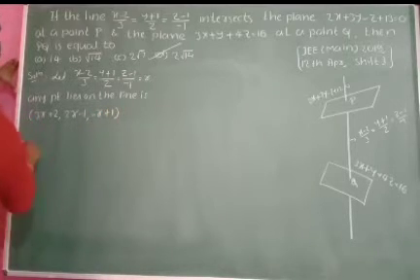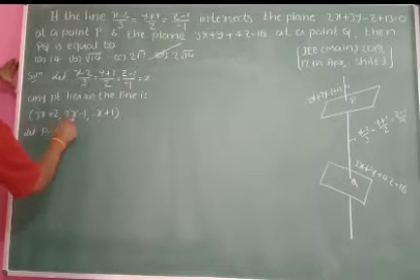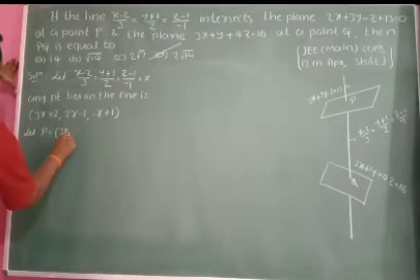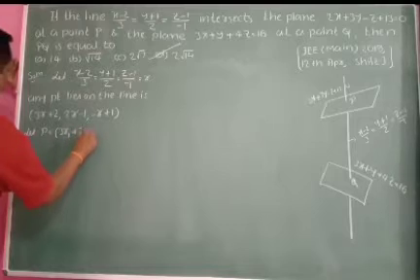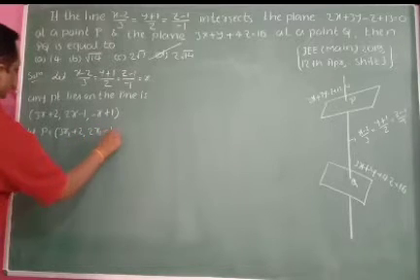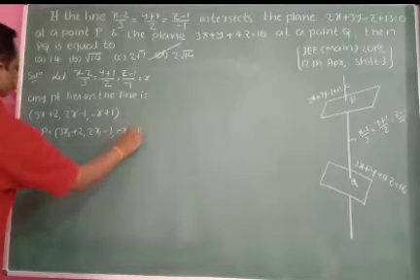Therefore, let P be, replacing r by r1, (3r1 plus 2, 2r1 minus 1, minus r1 plus 1).